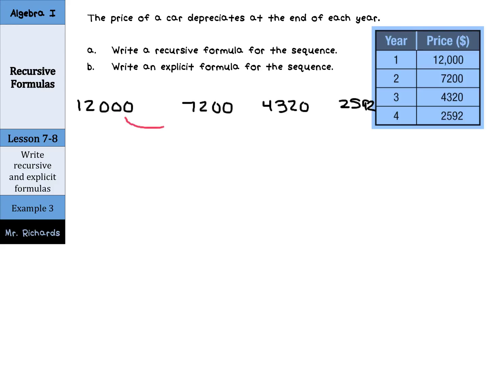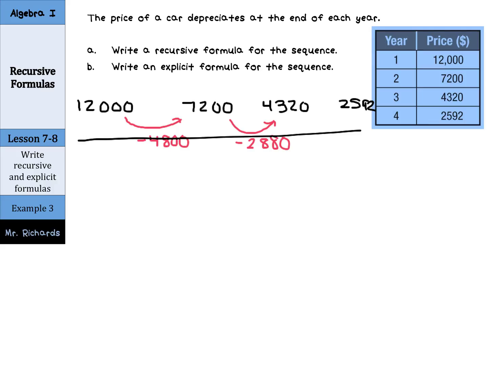Well, if I'm going from 12,000 to 7,200, I'm subtracting 4,800. But if I'm going from 7,200 to 4,320, I'm only subtracting 2,880. So I do not have a common difference.